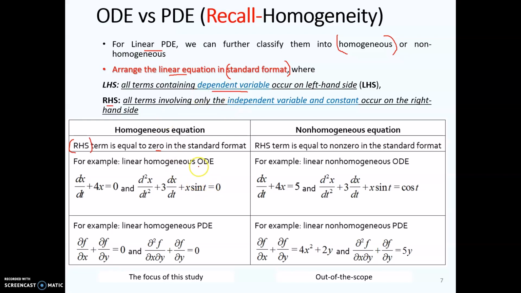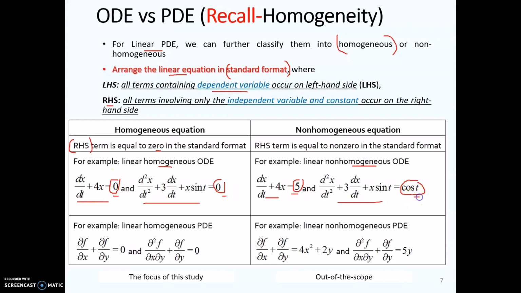Previously, you have learned how to differentiate the homogeneous and non-homogeneous ODE by looking at the right hand side. After you rearrange the equation into the standard format, where you have the dependent variable on the left hand side and the remaining coefficient you put at the right hand side.